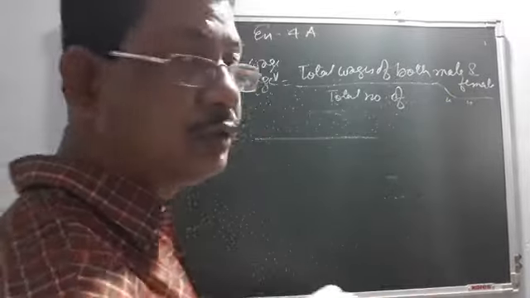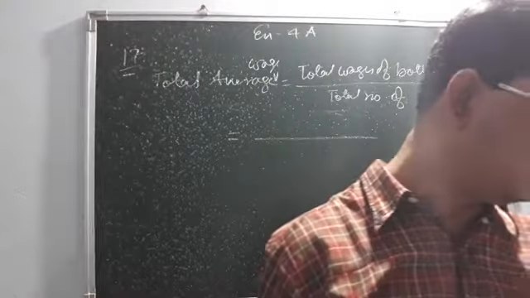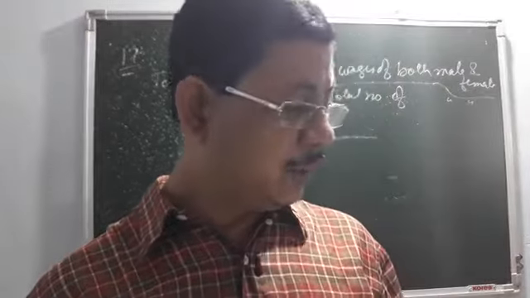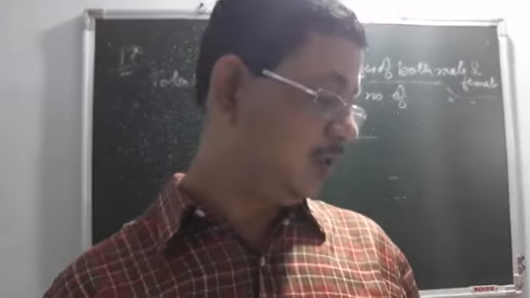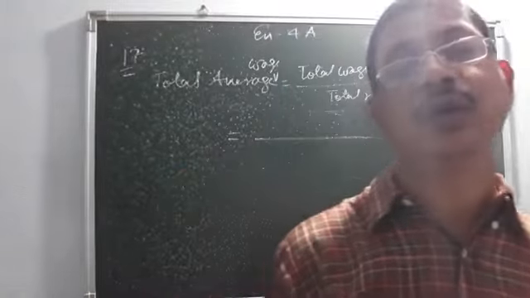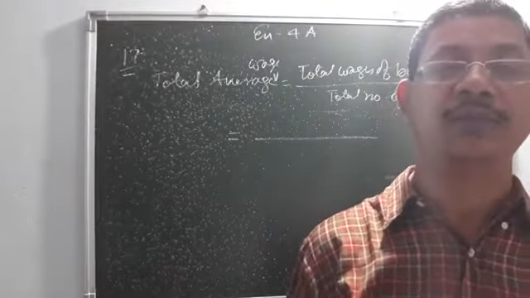Here, how can we calculate the total wages of both male and female? The average wage of male workers is 80 and the number of male workers is 100. So if we multiply 80 with 100, that gives the total wages given to the male workers. I will repeat: the average wage of male workers is rupees 80 and their number is 100.